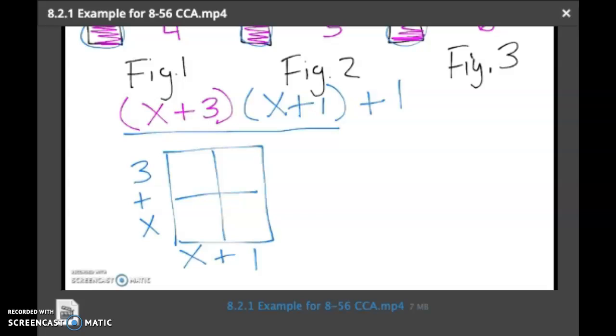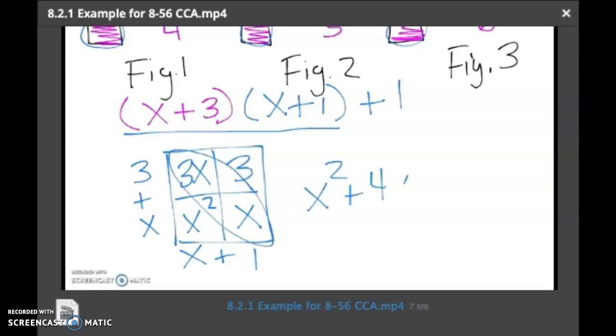I'm going to go ahead and figure out the area of each of those squares. X times X gives me X squared. X times 3 gives me 3X. X times 1 over here gives me X, and then the top right hand corner of my generic rectangle becomes a 3. So writing that out, I have an X squared tile. When I combine my X tiles, I have 4 of them, and then I have the 3 1s.